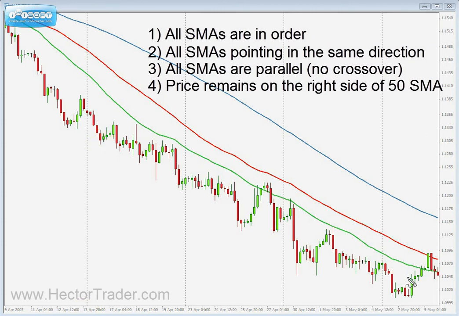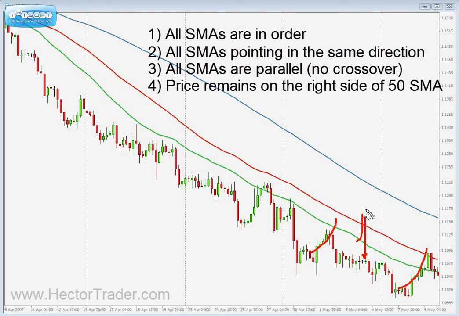A little pierce above is okay, as long as it dives back down immediately. At the end of the day, the markets are not perfect. You cannot expect price to behave the way we like it to behave all the time. So in a trend, sometimes on a pullback, we might see price breaching above the 50 for just 1-2 bars, and immediately after diving back down.